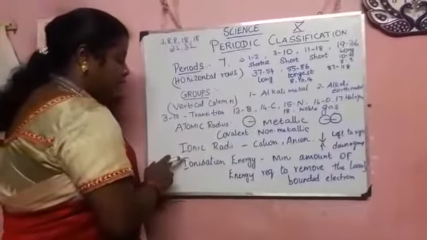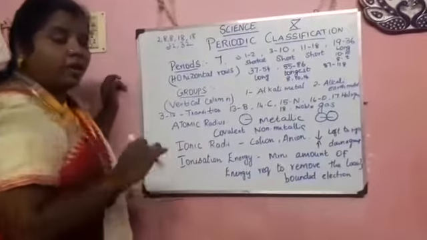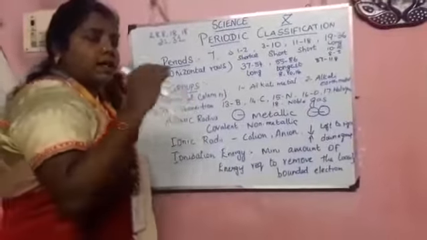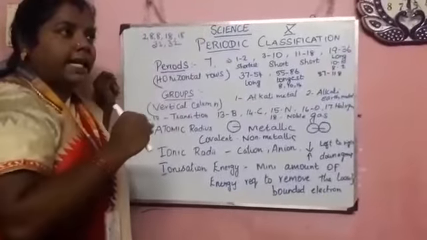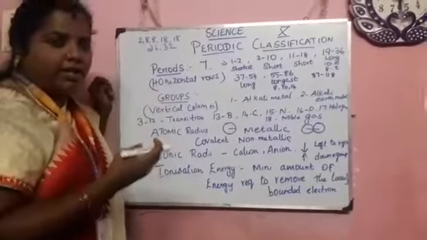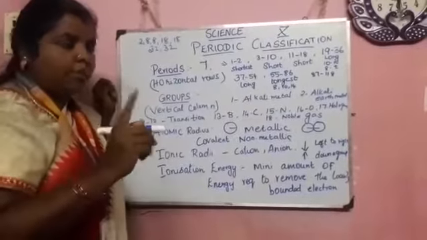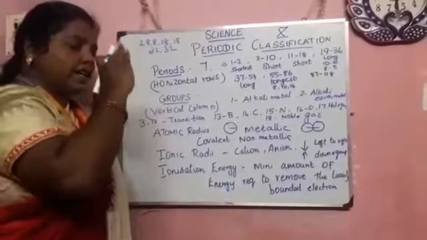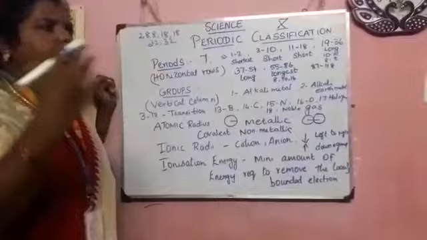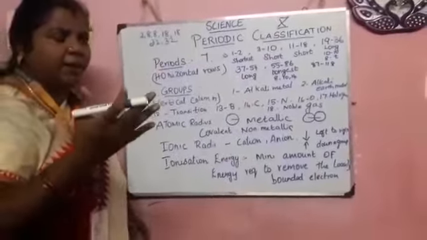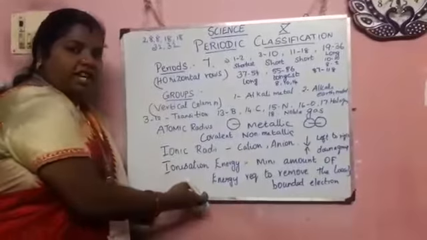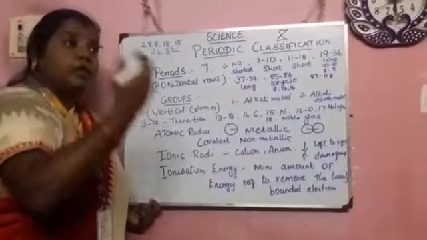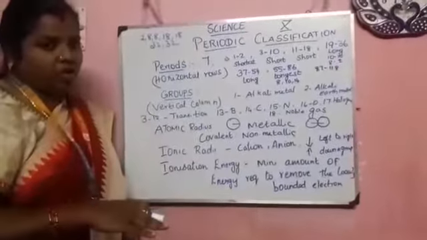And next you see the ionic radius. Ionic means when it forms an ion. For example, take an element like hydrogen, whose atomic number is 1. Let's take some other element as an example. Those elements want to attain a stable configuration, which means they either have to lose or gain electrons.